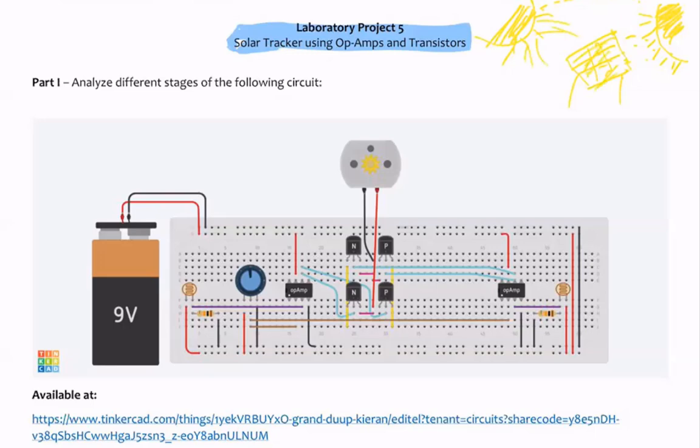So as the light intensity changes during the course of the day, we would want the panel to change its orientation, basically tilting it.